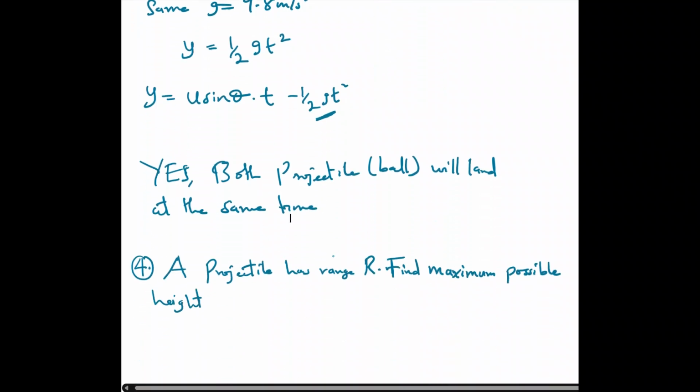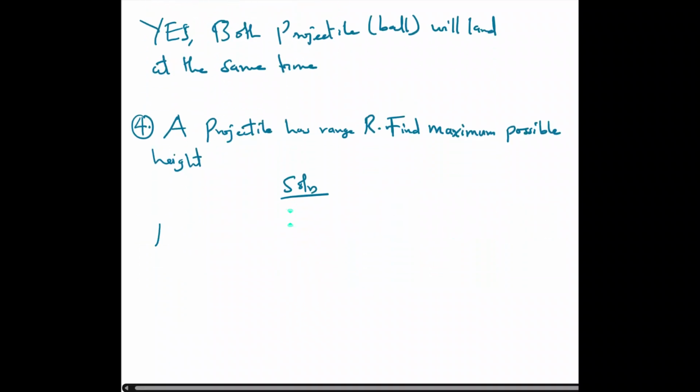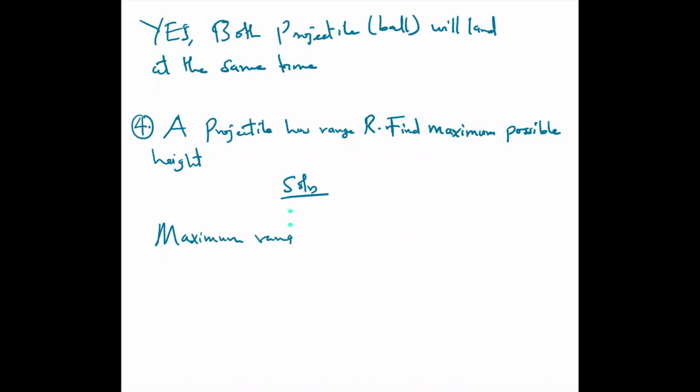So the next question, number 4, says a projectile has range r, find the maximum possible height. So we know that the maximum range occurs at 45 degrees.